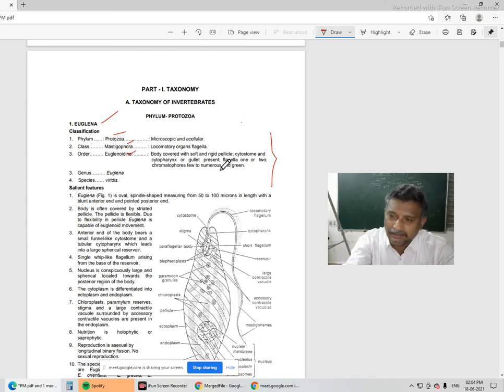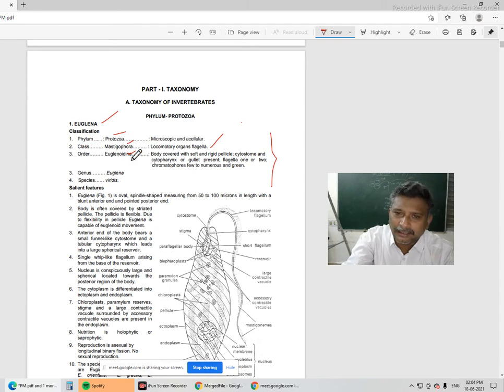That property is the important one for the phylum Protozoa. If any protozoan organism has a flagella, then it will come under Mastigophora. That is a class.